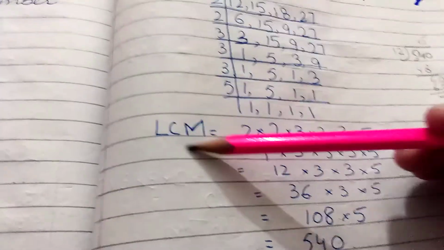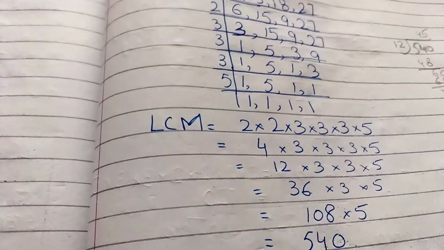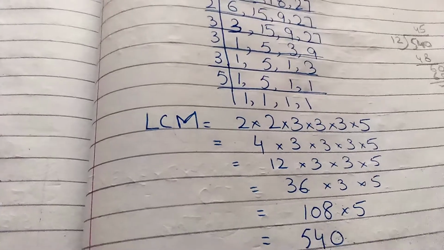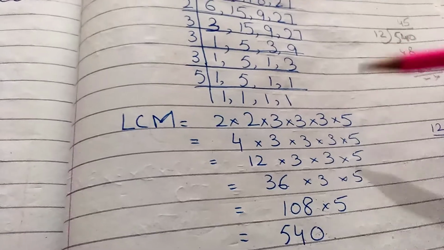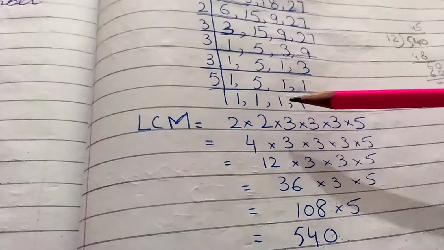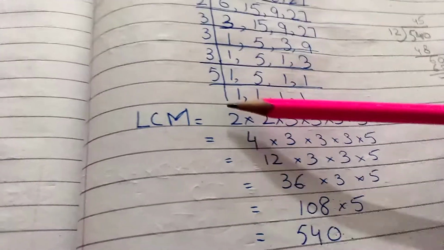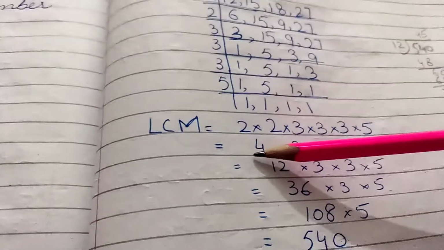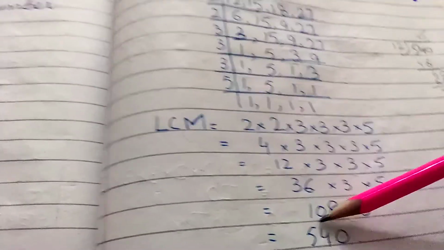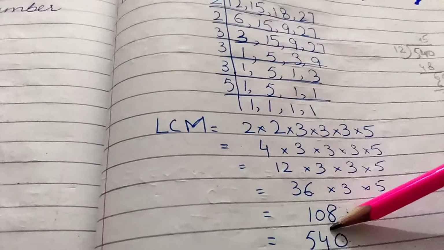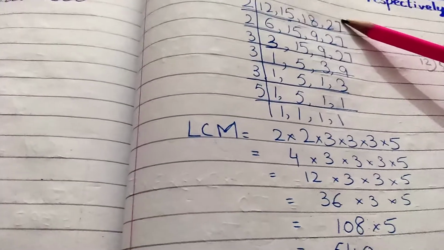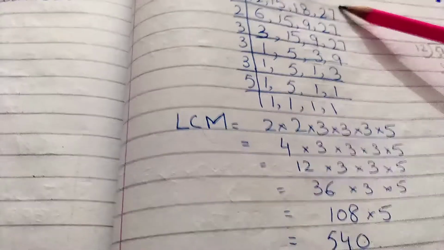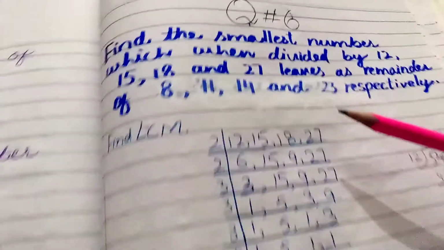Least common multiple. What is multiple? A multiple is a number which when divided by the other number leaves the remainder 0. Now I think this much explanation of multiple is enough. So 540 is divisible by all these numbers, leaving remainder 0. But this is not the requirement of the question.